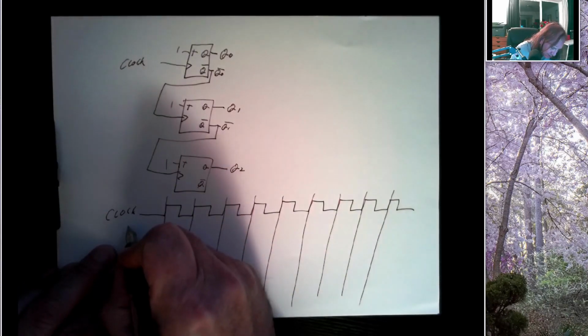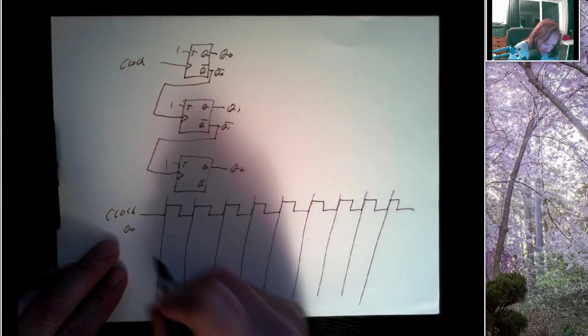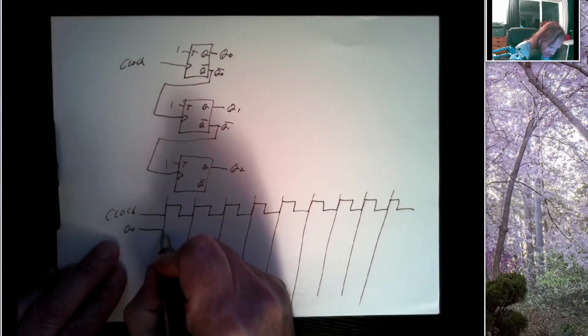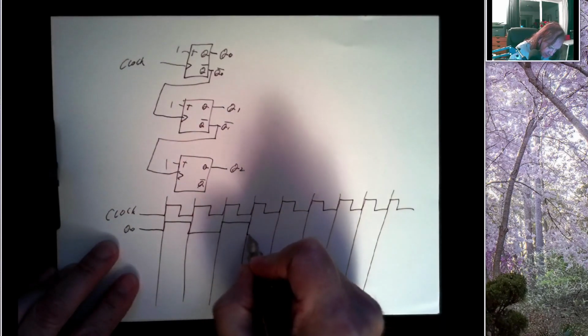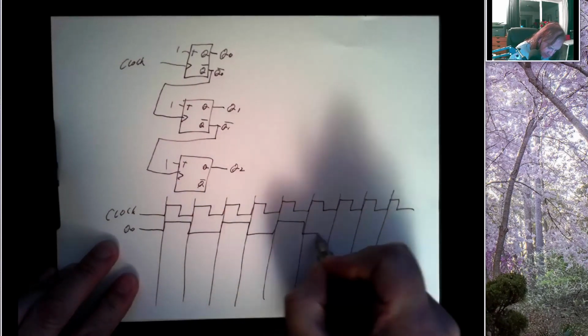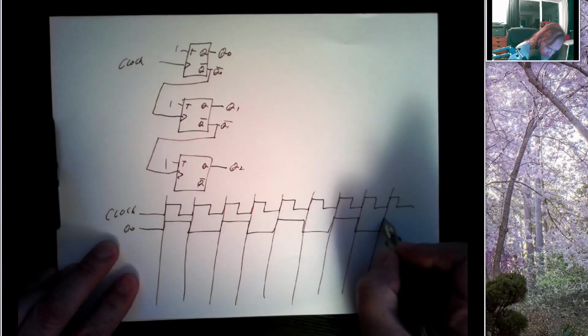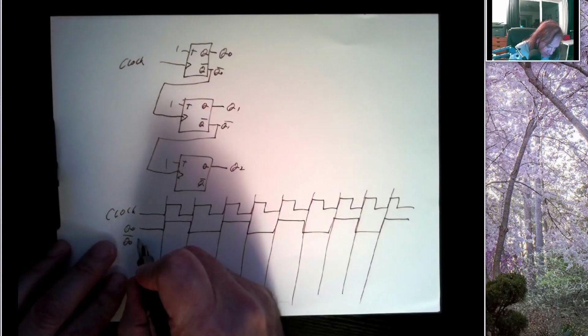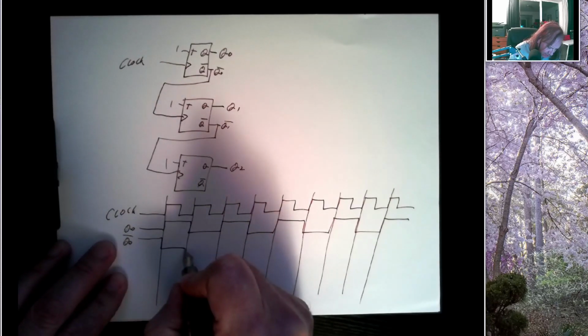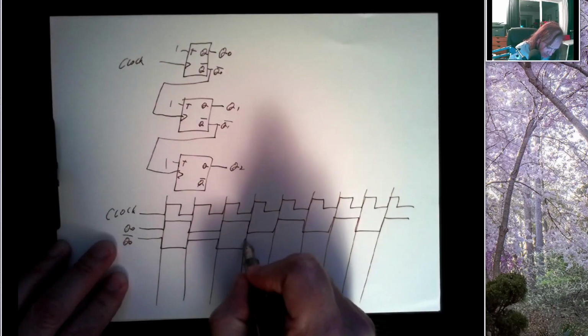Let's take a look at Q0. Every time the clock ticks, Q0 is going to change. So it's going to go like this. Q0 bar is the opposite, so that's high, that's low, that's high, that's low.